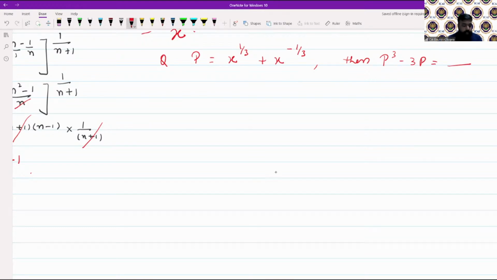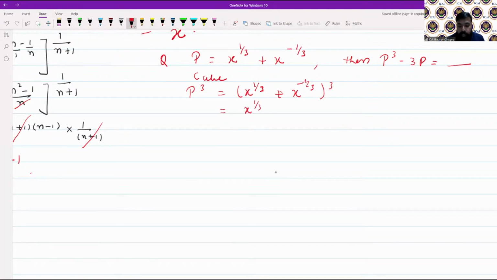So what is the first step? In such cases, we can find the cube first. So taking cube on both the sides, p cube is equal to (x to the power of 1/3 plus x to the power of minus 1/3) whole cube. Now (a plus b) whole cube can be written as a cube plus b cube plus 3ab into (a plus b).